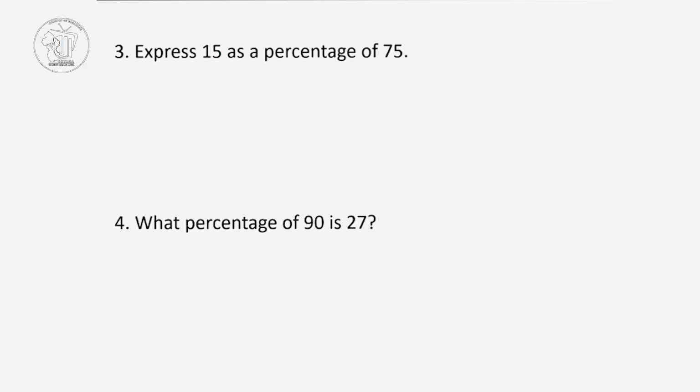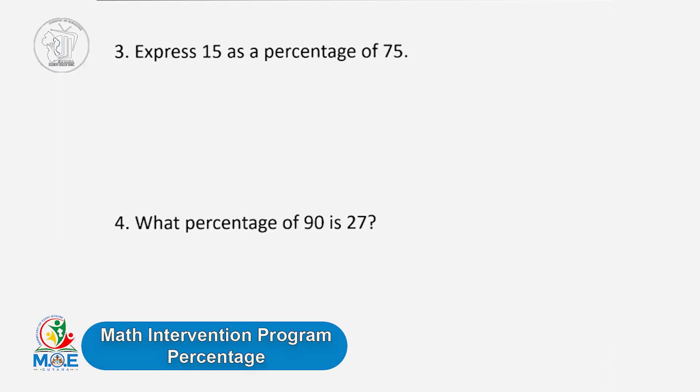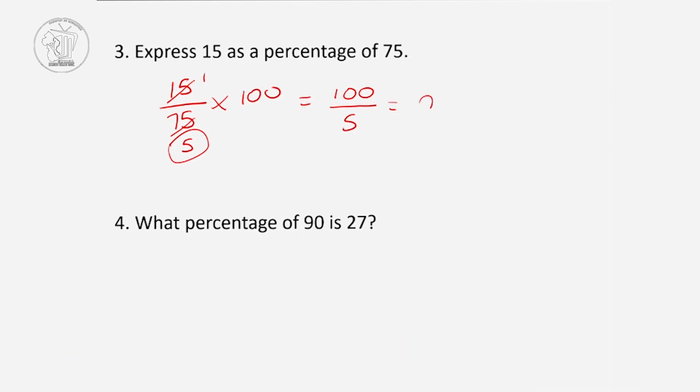Express 15 as a percentage of 75. So 15 as a percentage of 75 would be 15 over 75 multiplied by 100. So 15 ones 15. 15 into 75 would be 5. And 100 divided by this 5 would be equal to 20%.